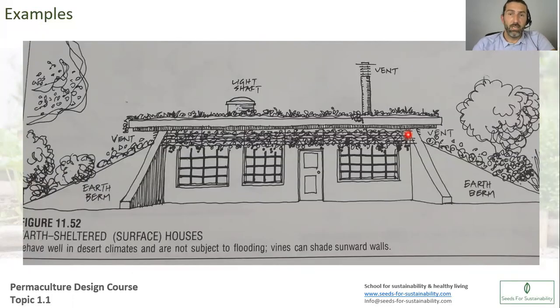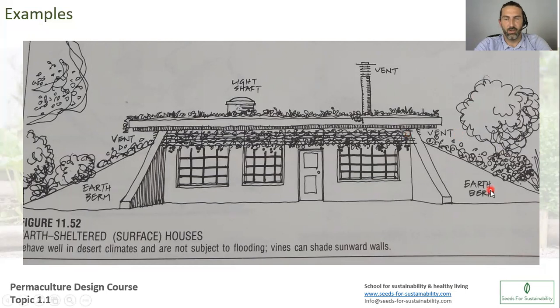This is a really nice example of a desert house design. We will learn about certain climates and how design has to change according to climate. Obviously, a house in the tropics is different from a house in the desert, different from a house in Germany, in the cold, in the UK, and so on. Here, that's an example of a desert house covered by earth, almost underground.